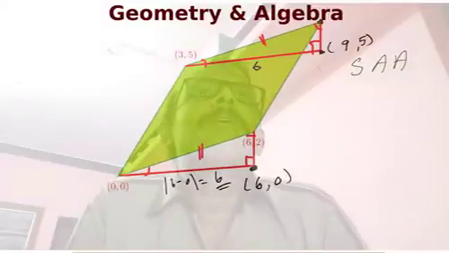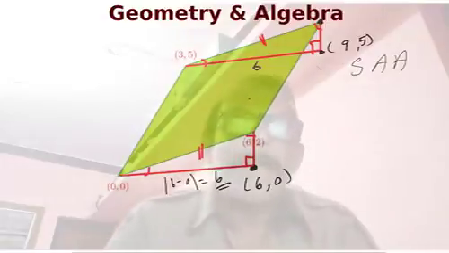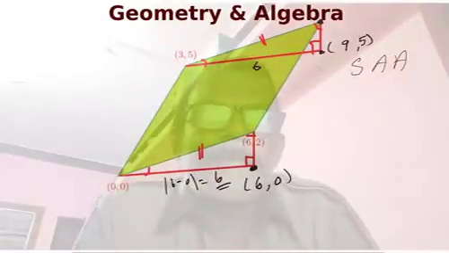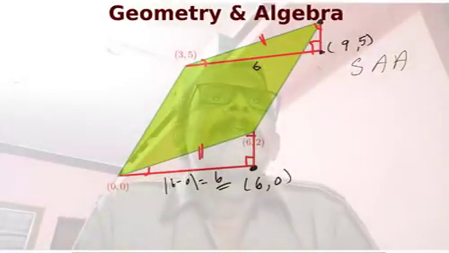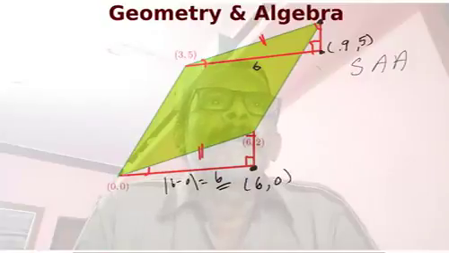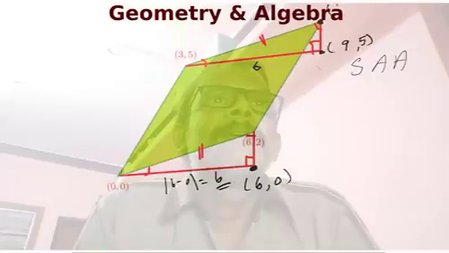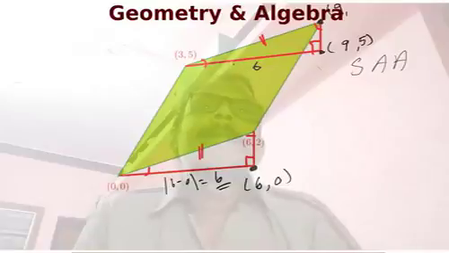Now can you give me the coordinates of the fourth vertex of this given parallelogram? Very easy. It is a point on this perpendicular line, so its x coordinate will be exactly 9.